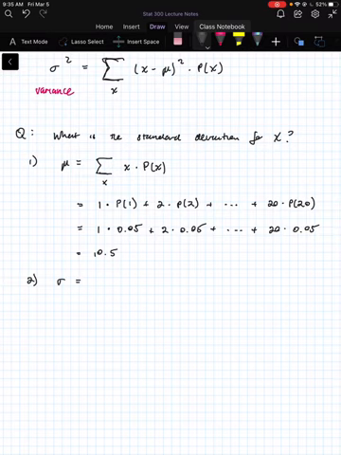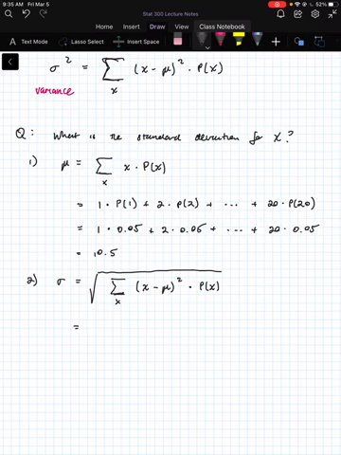Now we can calculate the standard deviation. So remember, that's going to be the square root of the sum over the outcomes of now the square deviations. So the outcome minus the expected value squared times that probability.